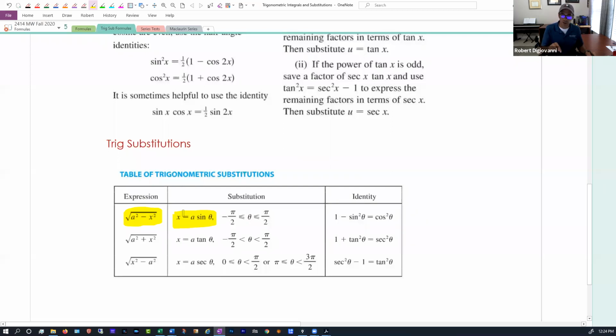Now, what this formula sheet does not tell you is what the ugly root turns into, right? A cosine theta. I'm going to allow you right now to add that to this. You can write a cosine theta there. You're welcome. All right. That root expression will become a cosine theta.